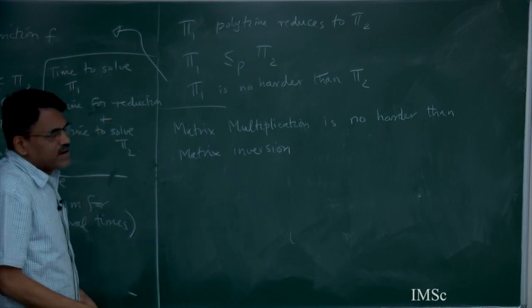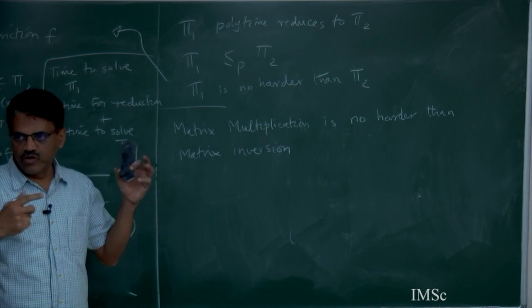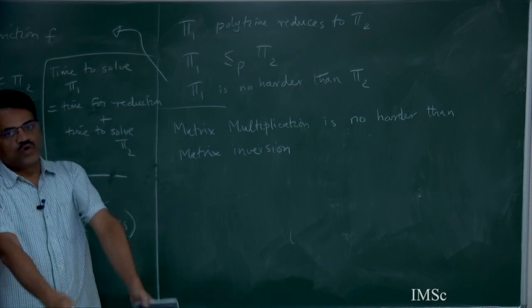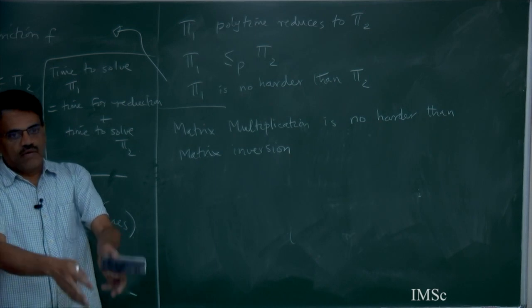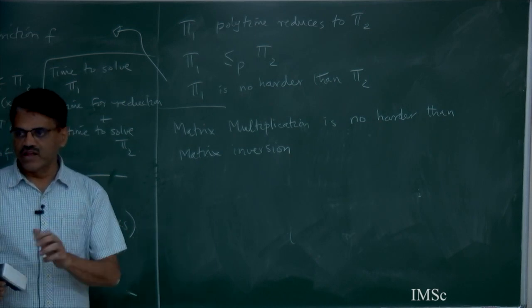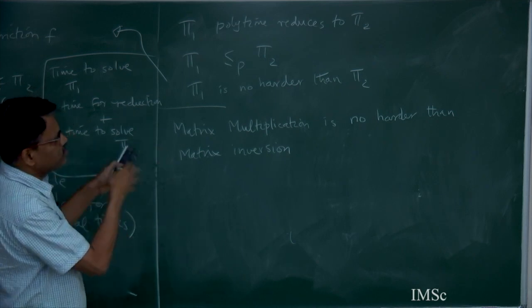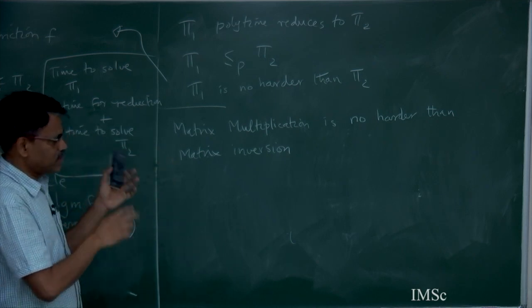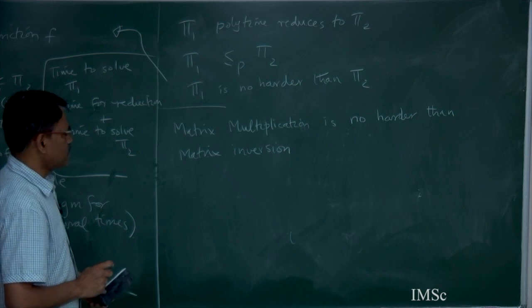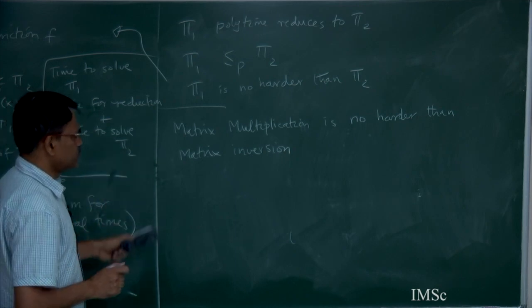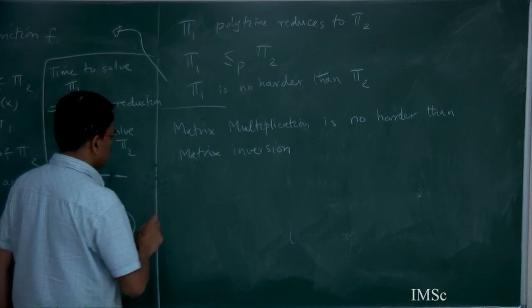I have to give a reduction. Given two matrices which I want to multiply, I want to reduce it to the problem of taking an inverse of a matrix. Actually, the more interesting thing is that the converse is also true, but I won't do that today, maybe tomorrow. So the direction is important. What do we want?